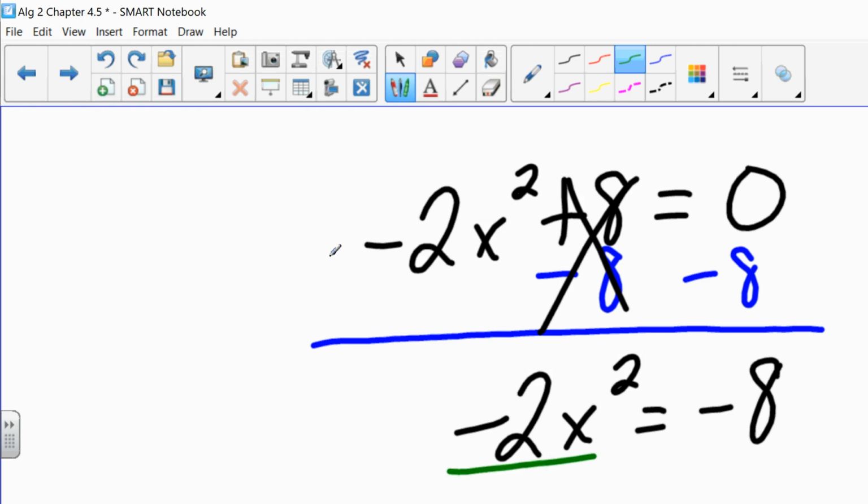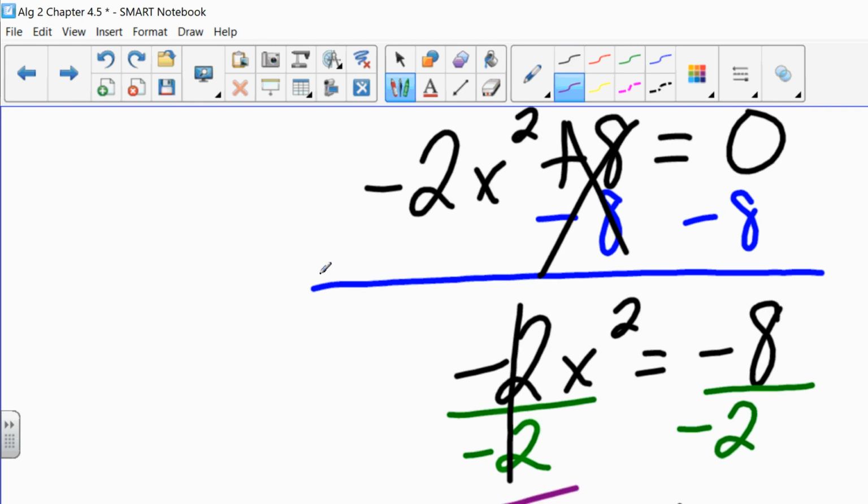Well, almost, because we need to get x squared completely by itself. That -2 out front, we need to divide both sides by the -2. Because -2x squared divided by -2, these will cancel, leaving me with just x squared. -8 divided by -2 is 4.